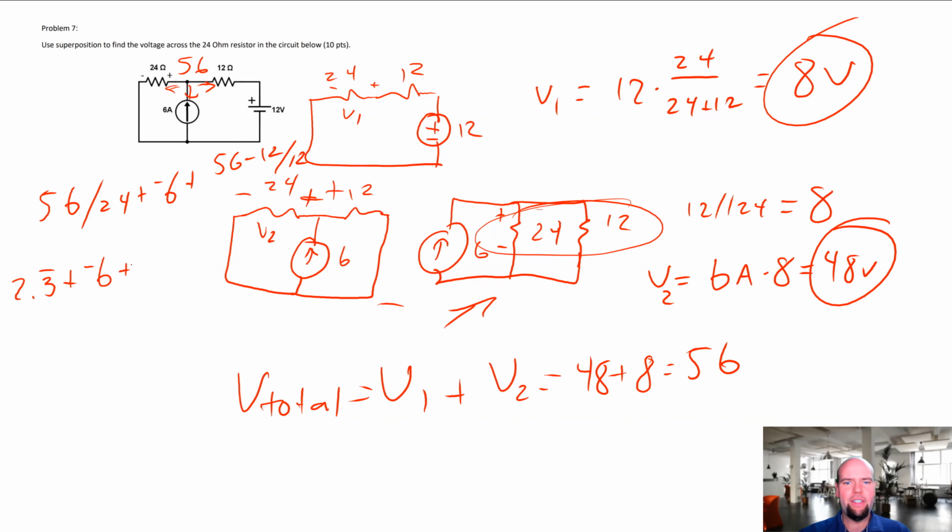Definitely made a mistake somewhere. No, that's why we check it. That's why we check it. Where could there have been an error here? Where could there possibly have been an error?